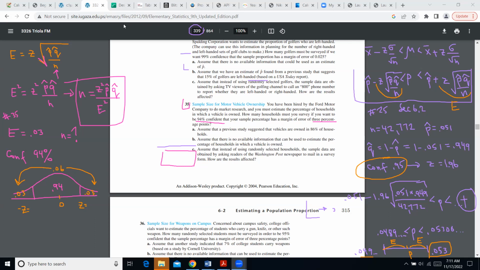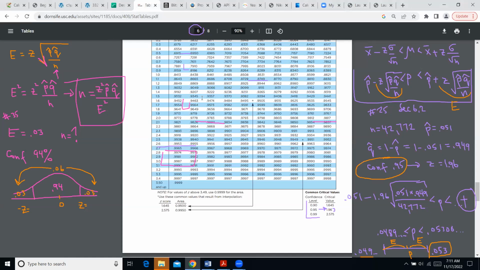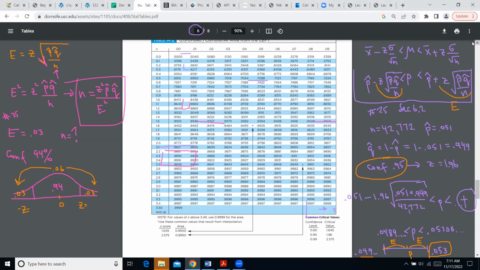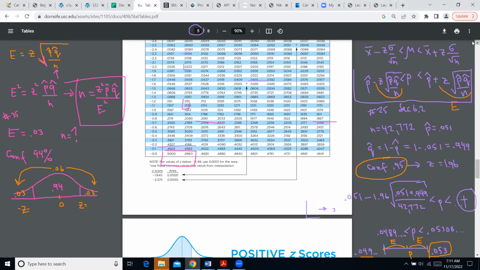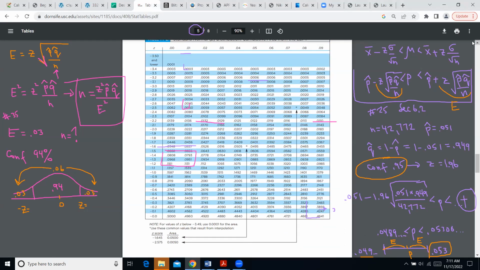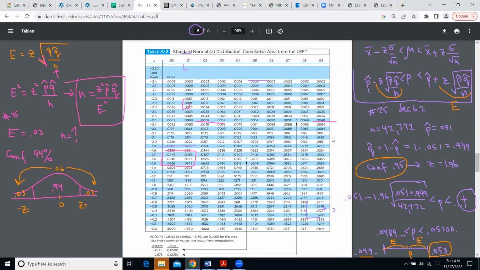I think we already did it once, time before last or so, this setting. So I'm going to the tables, and I need to find 0.03 there among the areas. So that should be on this side of the table, right? And as usual, if I start on the top and scroll down, I'll see the areas are increasing, and 0.03 looks like it's going to be somewhere in this row.